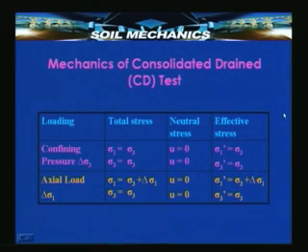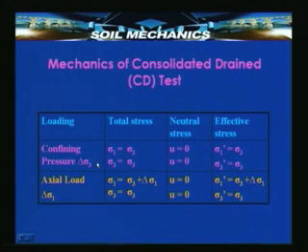Let us take a look at this table. There are 4 items here: the type of loading that is applied, the total stress, the stress in the water, neutral stress, and the effective stress that is transmitted to the soil grains.